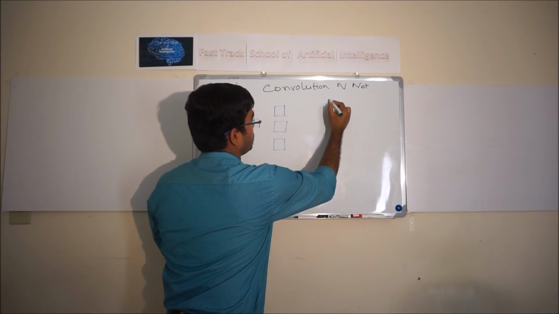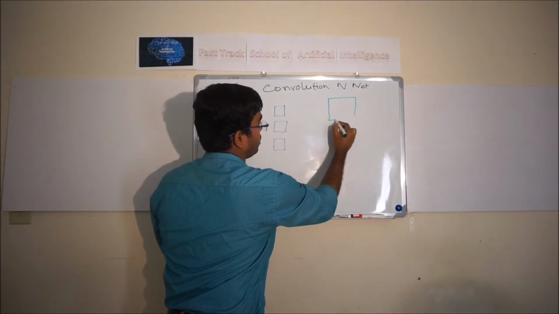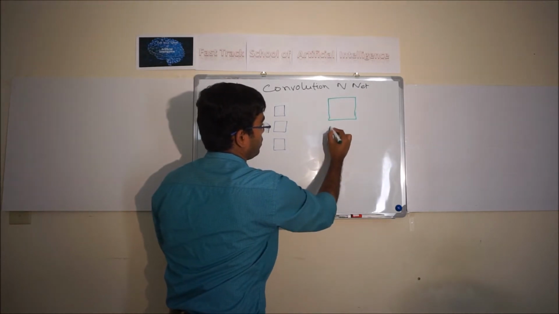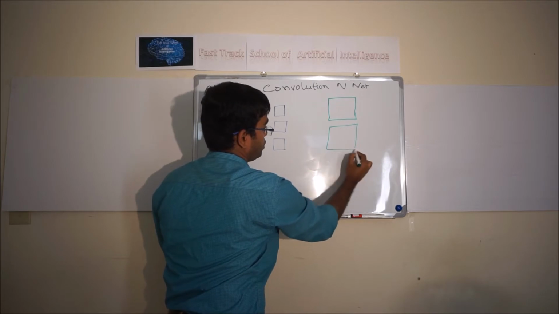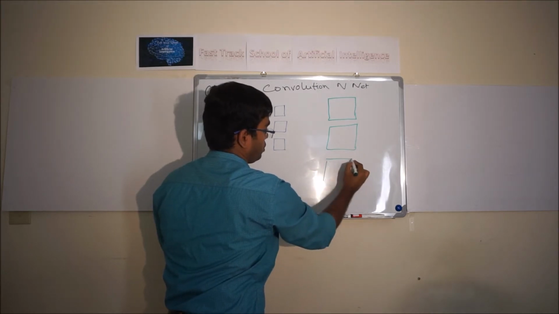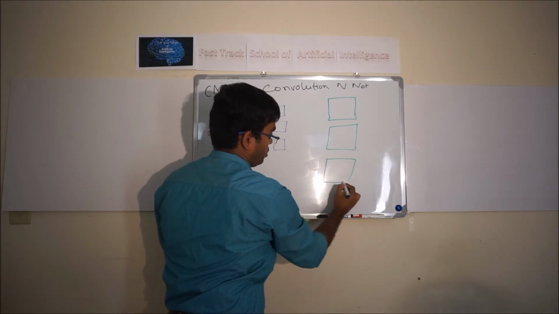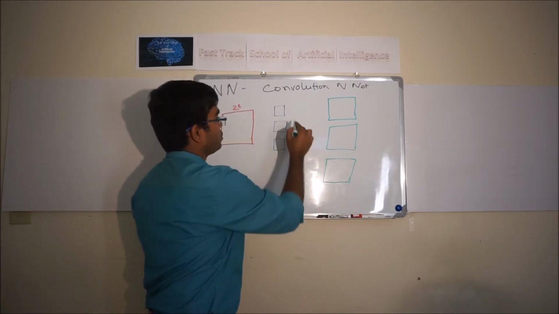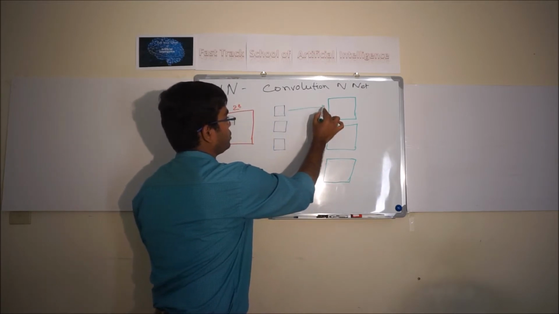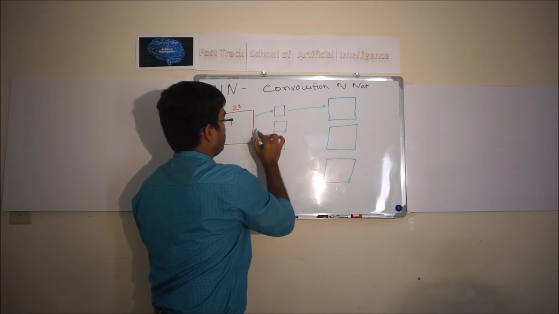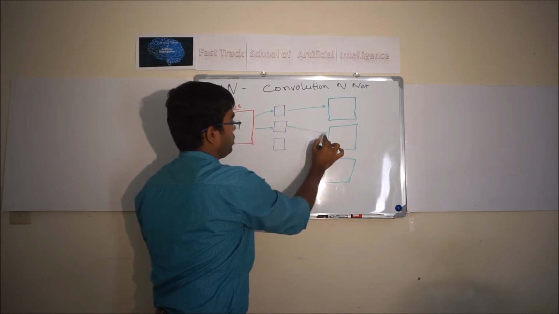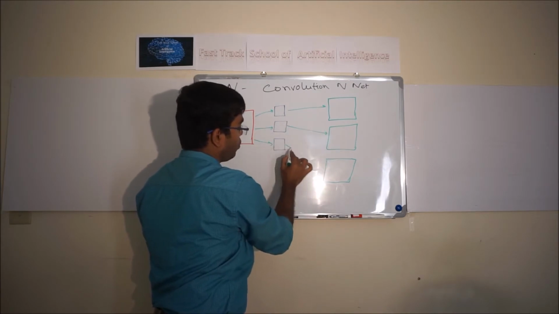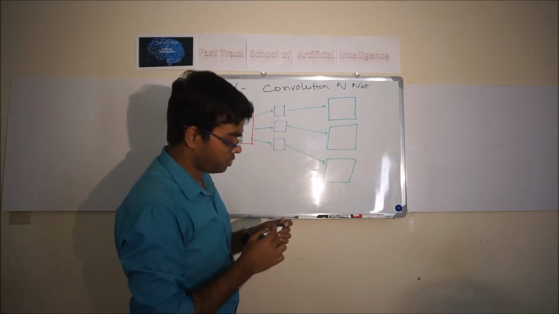So let's assume this is 1, 2, 3. So for each of these filters, we are getting one transformed image.